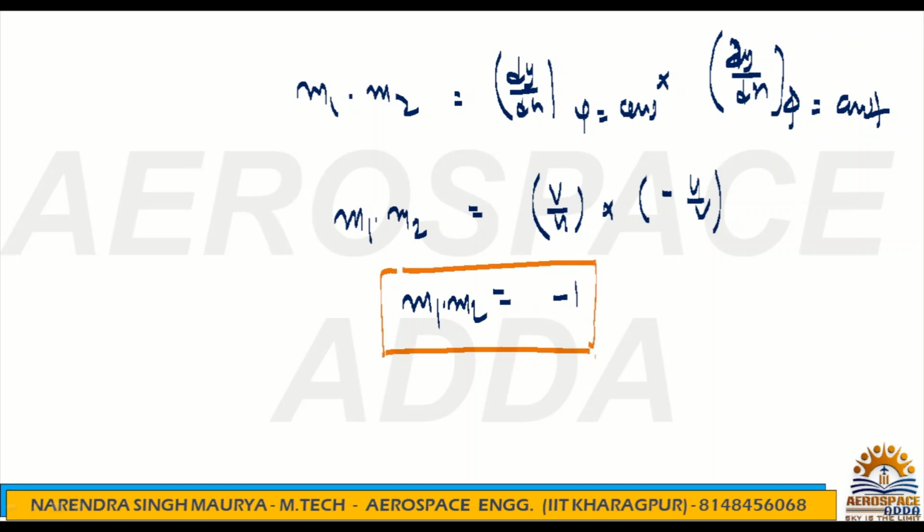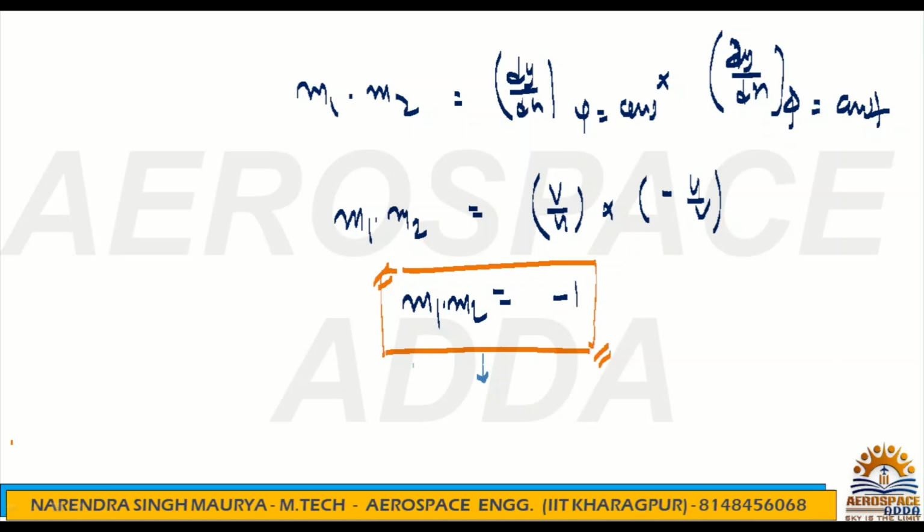For two lines, if the product of slopes is minus 1, then what is this property called? The conclusion is very simple: the product of the slope of the equipotential line and the slope of a streamline at the point of intersection, where both are crossing each other, becomes minus 1.